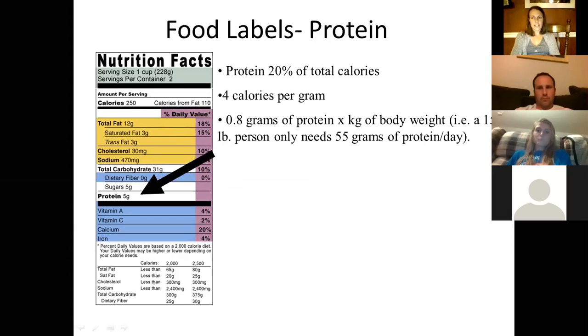Anyone mind sharing their answer? 41.8. So that is a good way to guide your eating so you can make sure that your protein needs are being met.